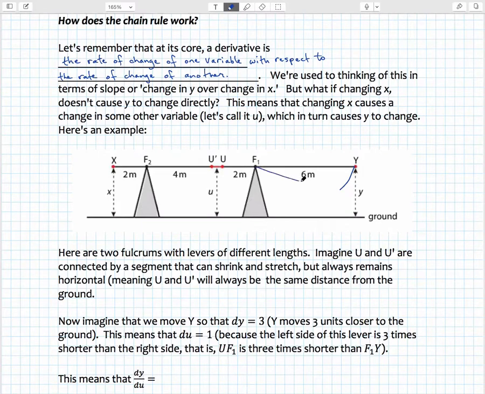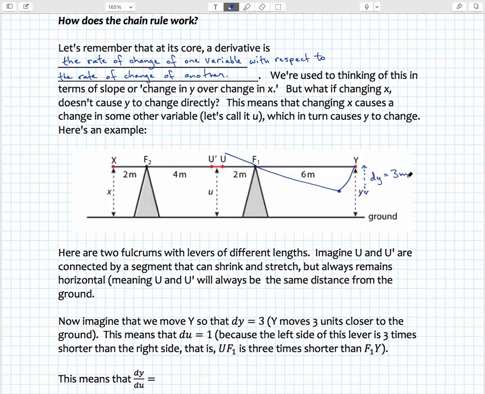So now the lever looks something like this. So it's gone down this far. That's our change in y, our dy, and we're going to say that that's 3 meters. It's gone down by 3 meters.